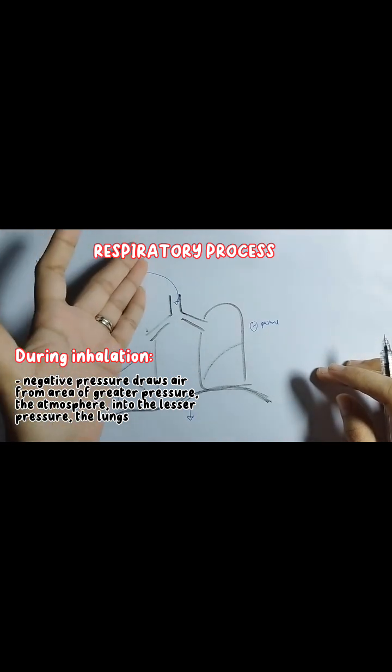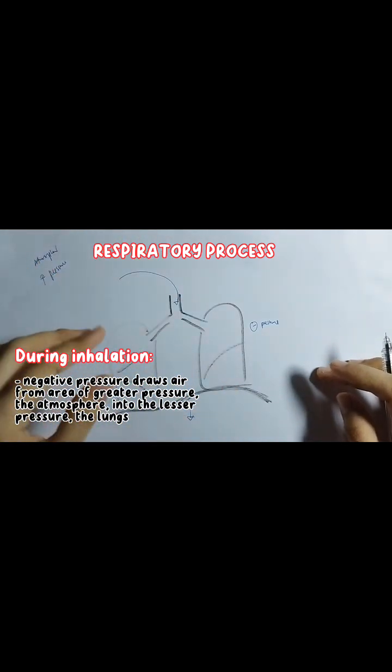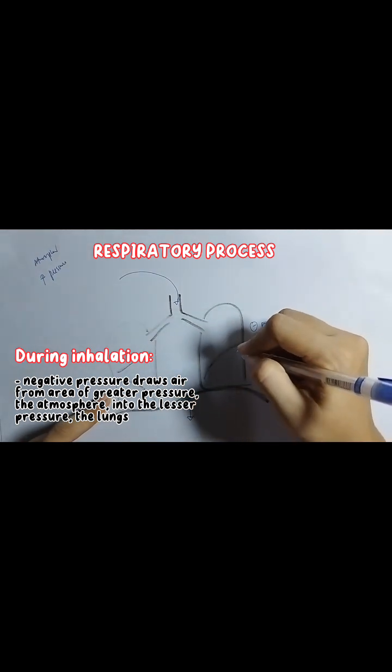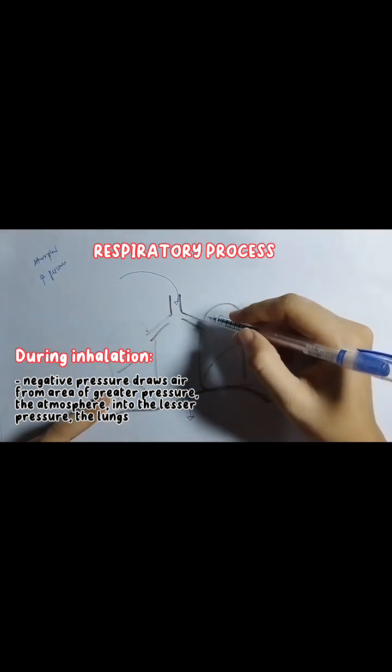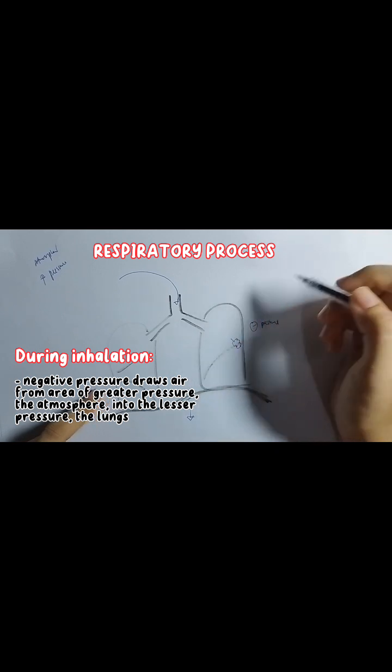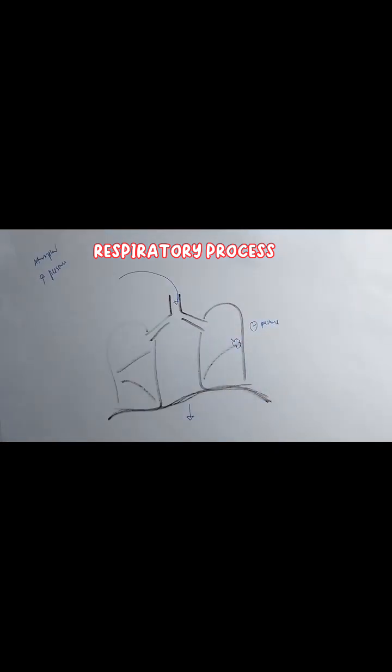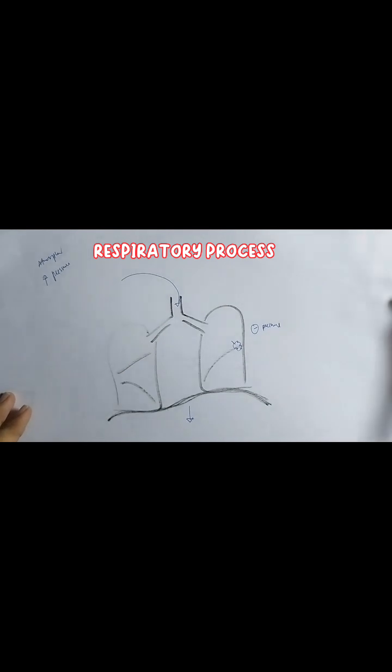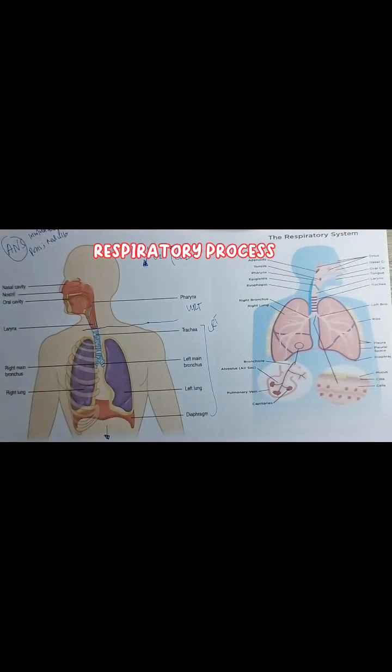So mapupunta ngayon yung ating hiningang air containing oxygen sa ating lungs, mapunta sa ating bronchus, bronchioles, down to sa ating mga alveoli. Okay, doon sa ating alveoli, mangyayari ang gas exchange. Diba, naalala yung ating discussion ng pulmonary circulation, ang ating heart nagpa-pump ng oxygen-poor blood papunta sa ating lungs to be oxygenated. Here is a closer look sa ating alveoli.